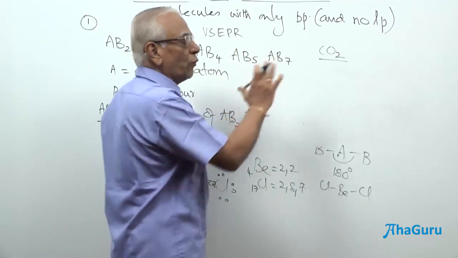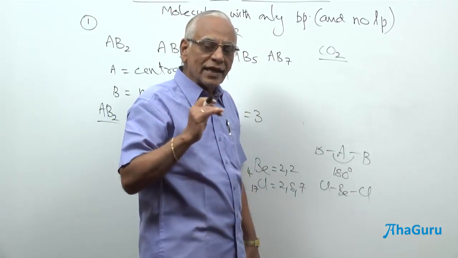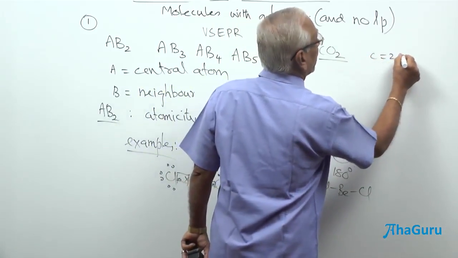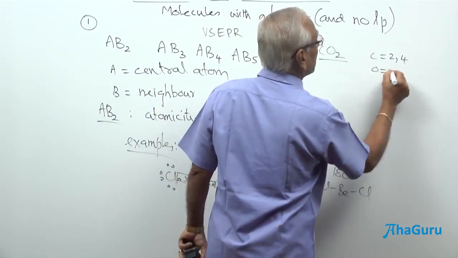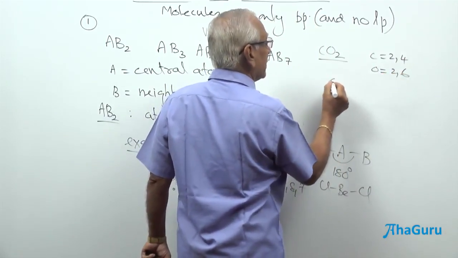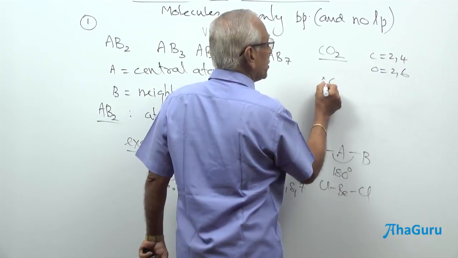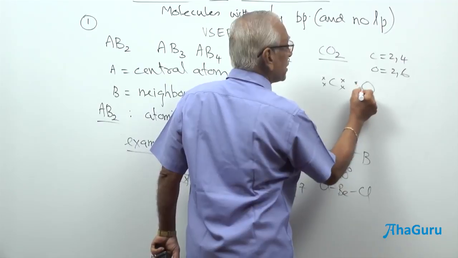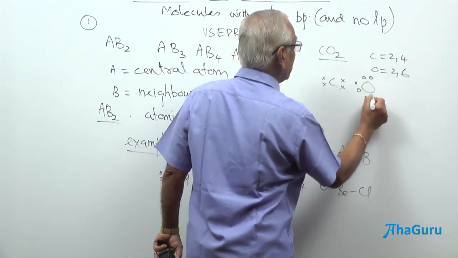Now, first of all, one should be able to write the electron dot formula of the molecule. Carbon electronic configuration is 2,4, oxygen electronic configuration is 2,6. Therefore, the central element is carbon, and let me put 2 pairs of an electron this way. Oxygen has got 6 electrons on the outermost shell.